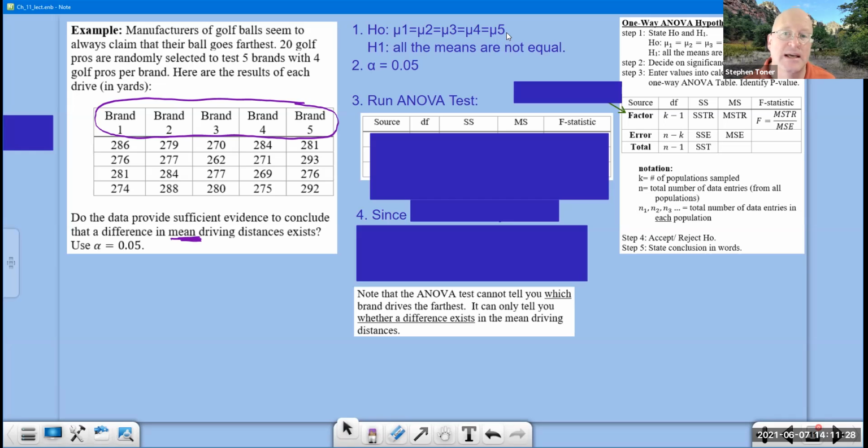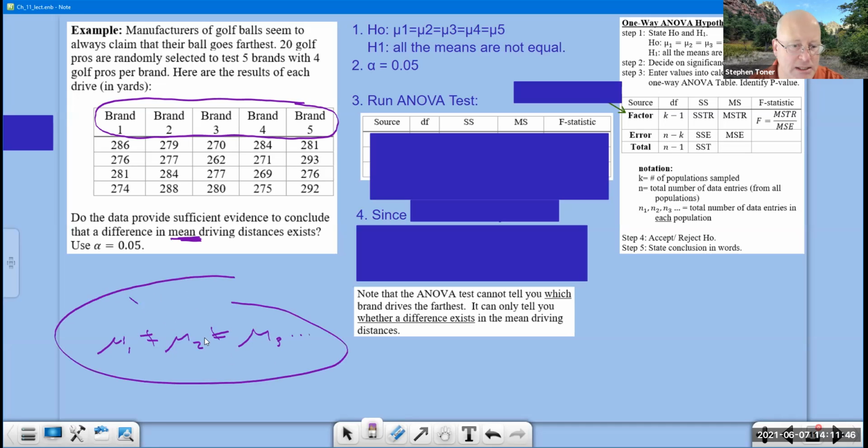And then we say in words, the means are not equal. We do not say mu1 not equal to mu2 not equal to mu3, etc. That is bad logic, and we do not do it because it can get you into some issues.